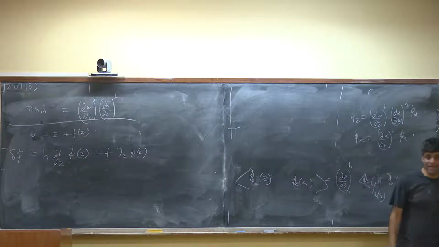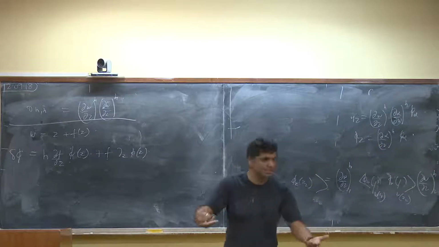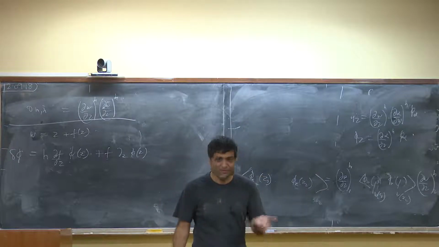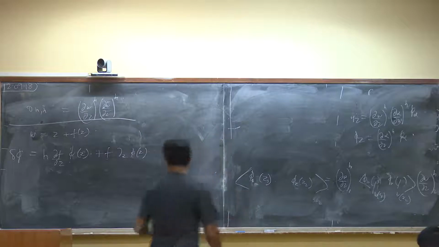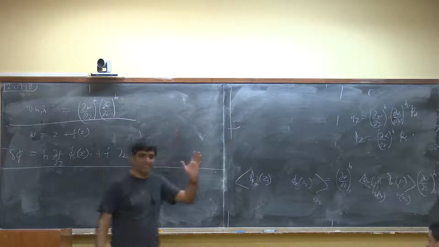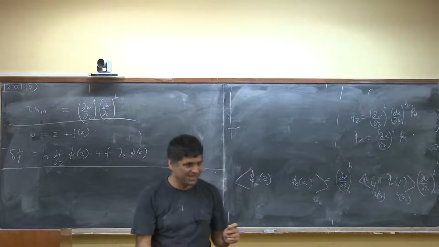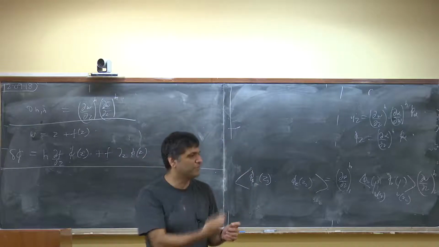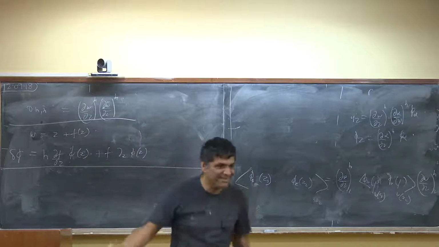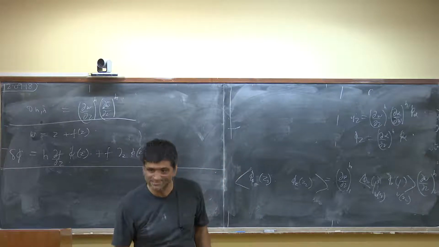But this should be what I get when I act with the generator of the conformal transformation that acts with the function f of z on the field phi. Okay? So what was the change in the operator? You remember we worked this out in the previous class? If I have a symmetry and I want to see how the symmetry acts on a particular operator, all I need to do is to consider the residue of the current that generates the charge, which makes that symmetry, with the operator itself. So what's the current?